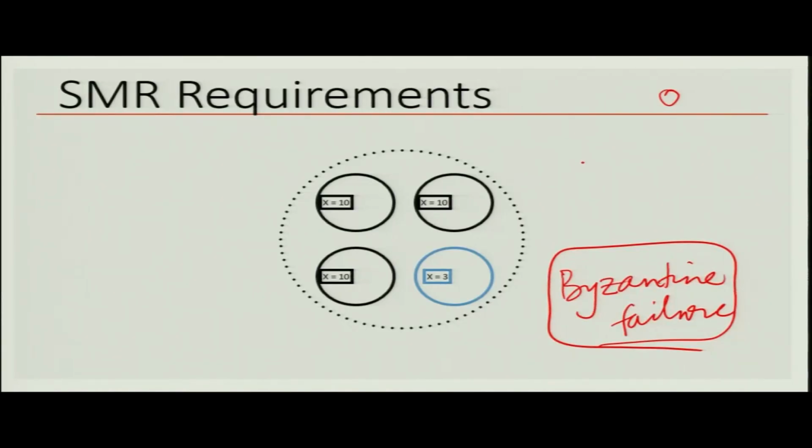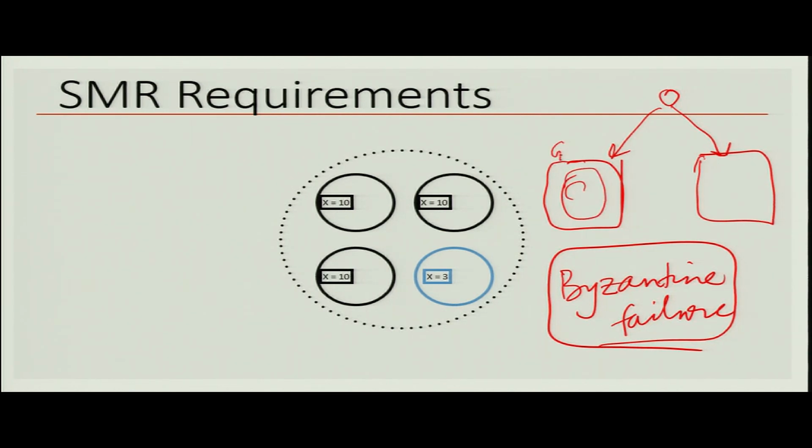So, there is this thought experiment. In this thought experiment, you have a commander and you have two sets of army, and the commander is supposed to send a command, and then the general here and the general here are supposed to obey the order. For example, if the commander says both should attack.